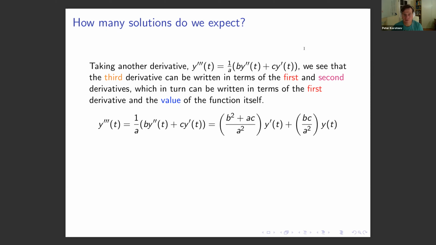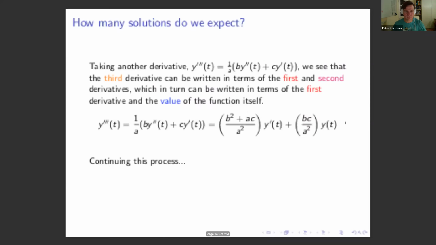Because we can substitute it back: instead of y double prime, you can substitute the expression from the previous slide. And then after you combine things together, you'll get this formula: (b squared plus ac) divided by a squared times y prime plus bc over a squared times y of t.